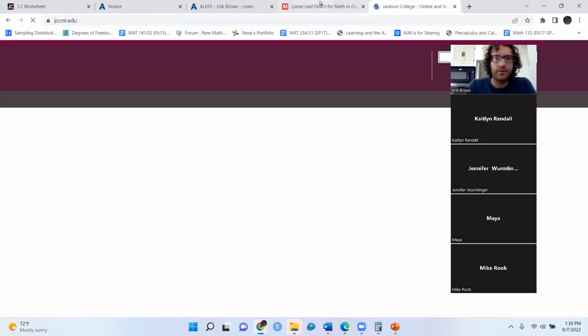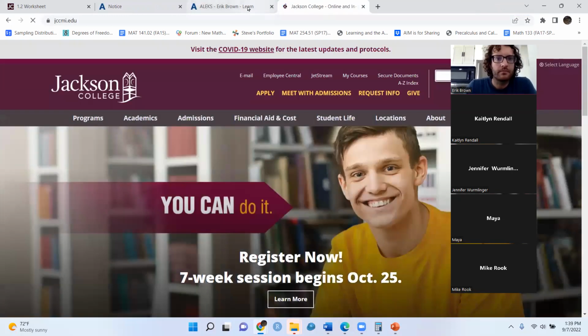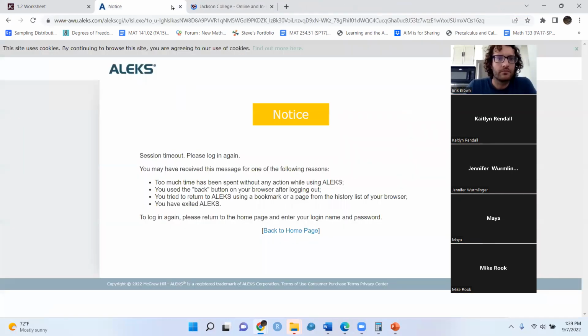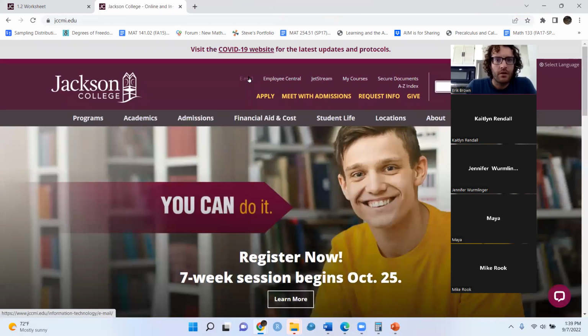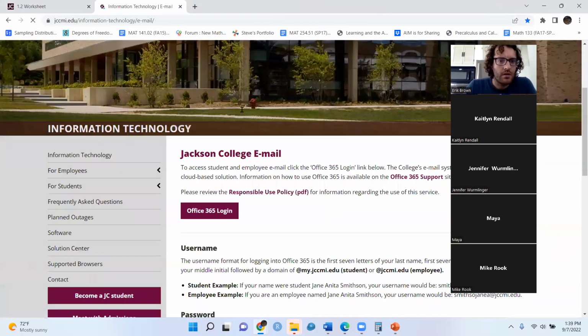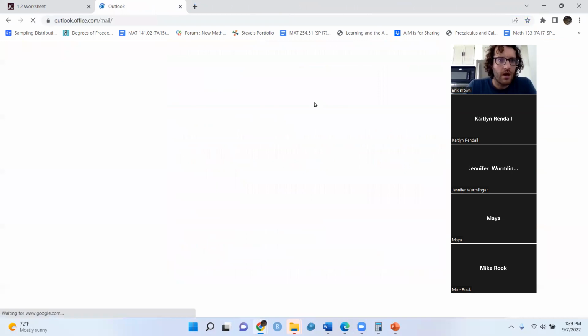So you can log into your email account and go to your apps.